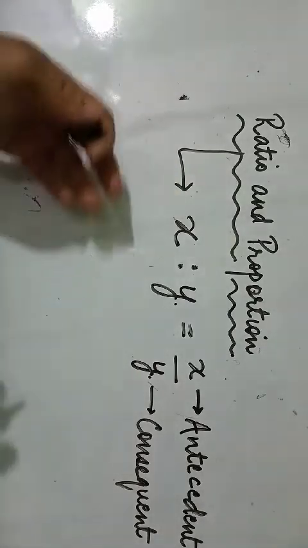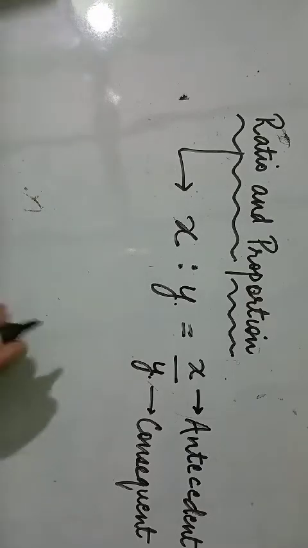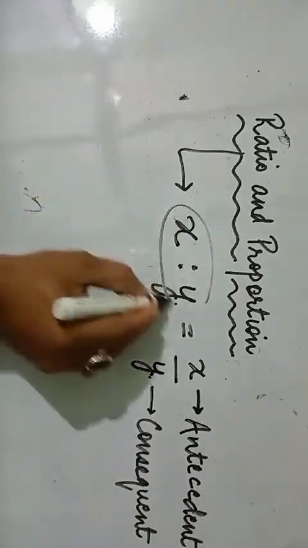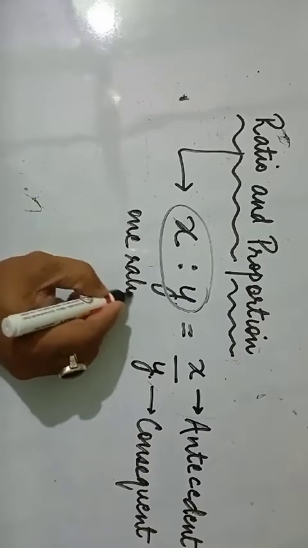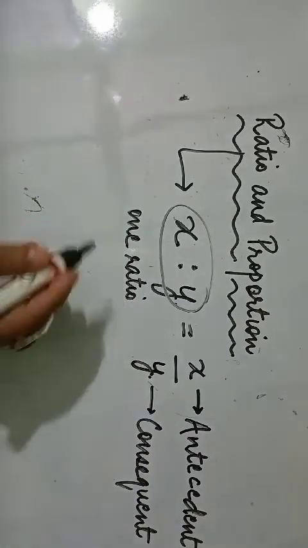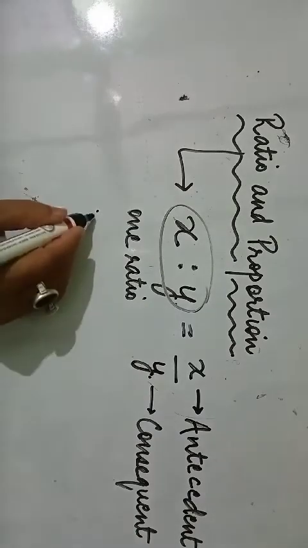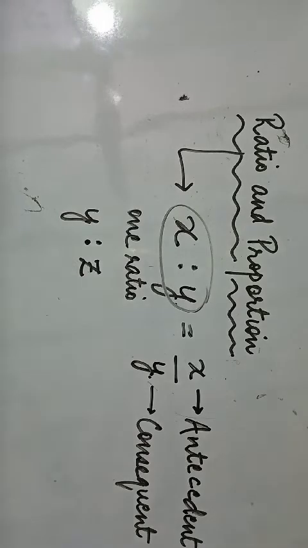This can be numbers, this can be whichever form you want to write it in. It is basically a comparison of two numbers. Now similarly, just like you have x is to y, which is one ratio, you can also have, for example, y is to z.